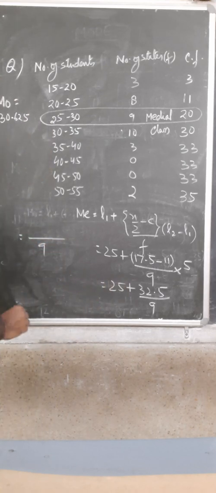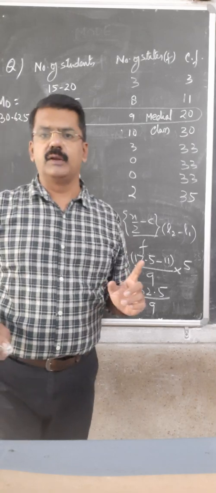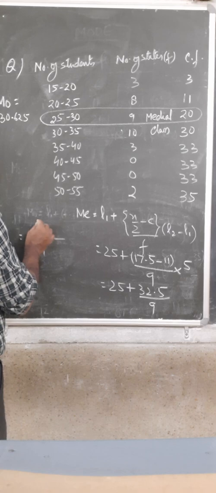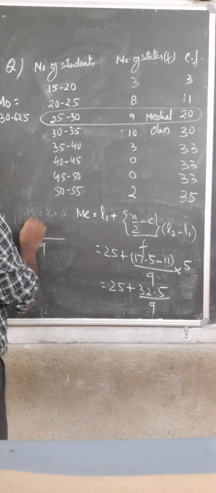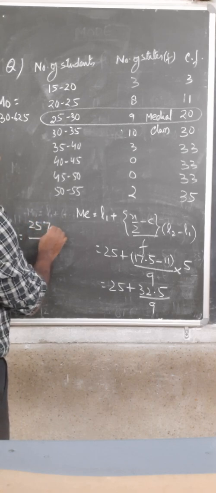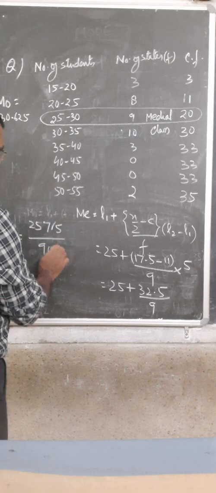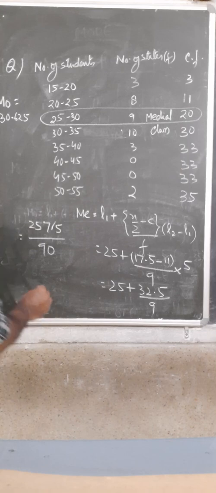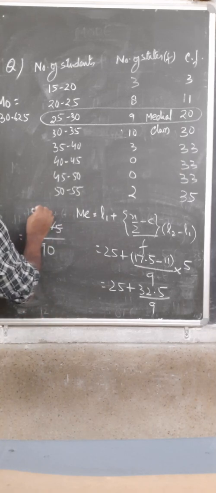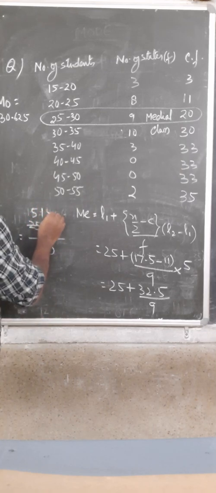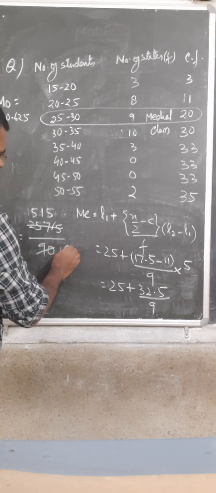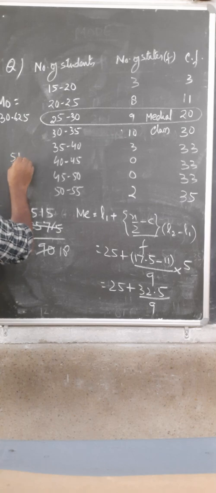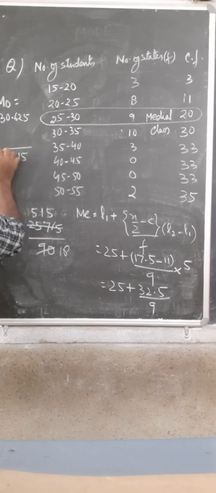When you take 9 LCM, 25 into 9 will be 225. 225 plus 32.5 is 257.5. Or you can say 2575 upon 90. You cancel it by 5. So 515 divided by 18.